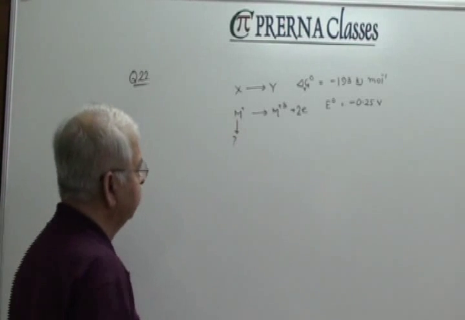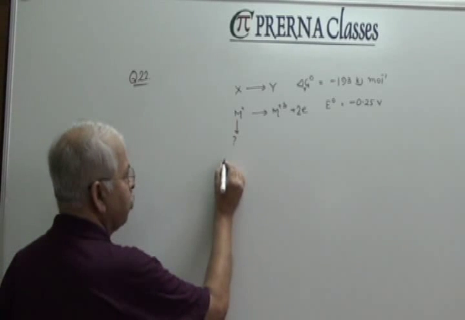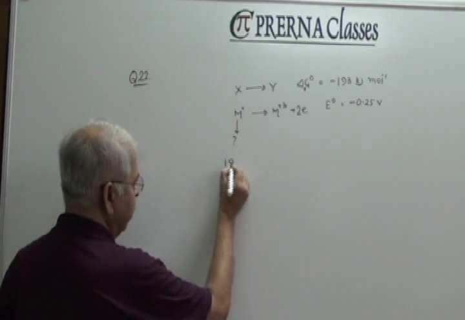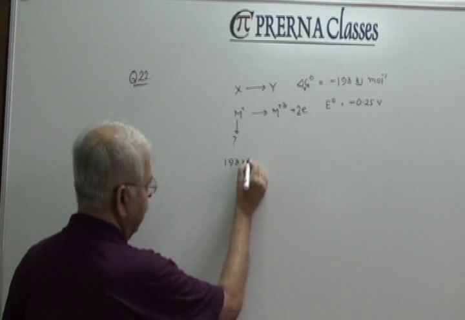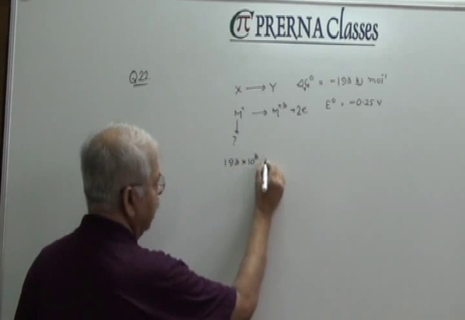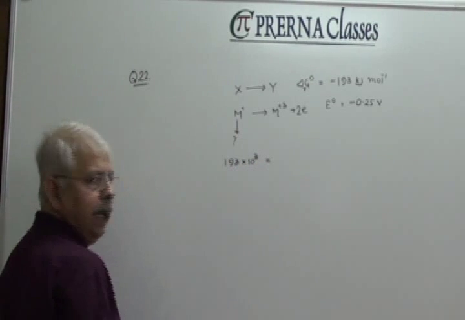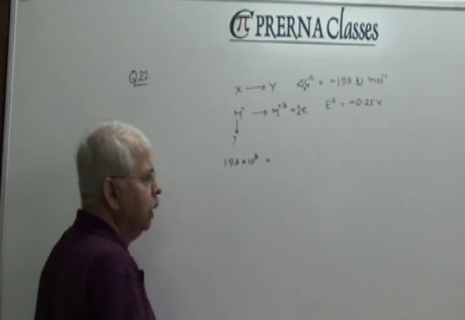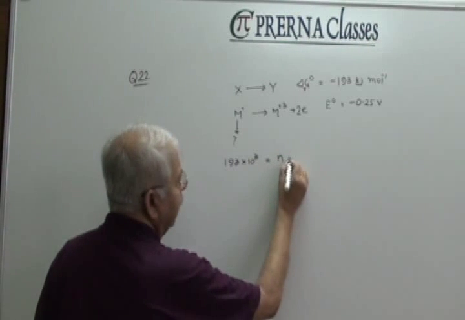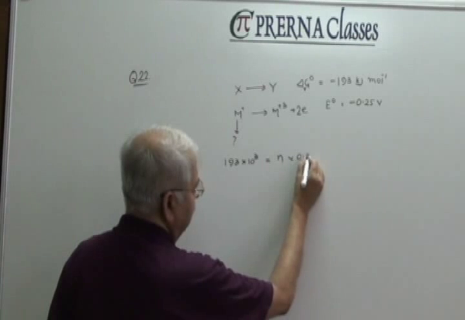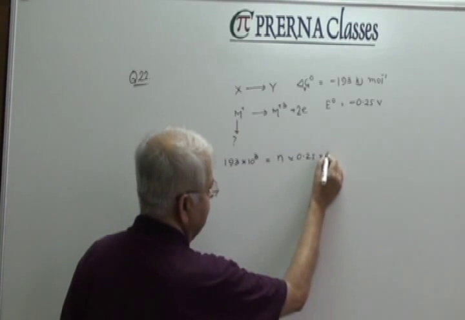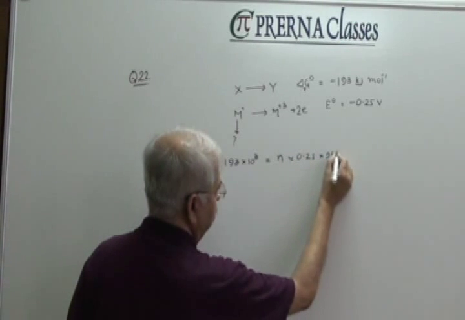So I can simply relate that 193 × 10^3 joule should be equal to n × E × F. That is n, E is 0.25 and F is 96500.